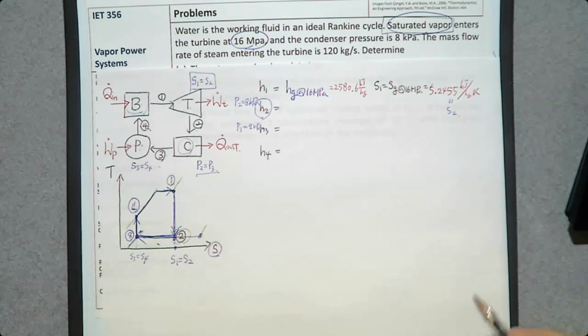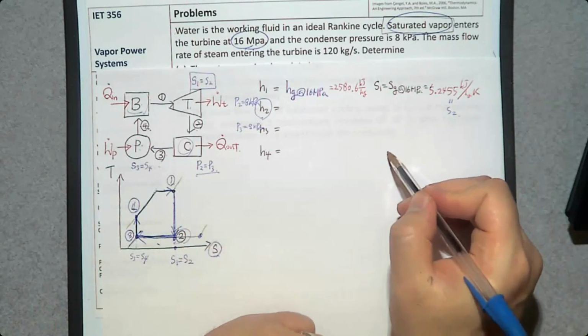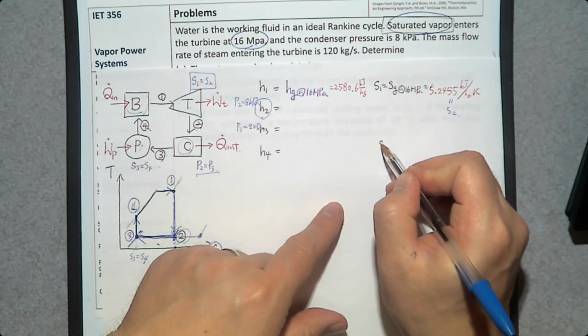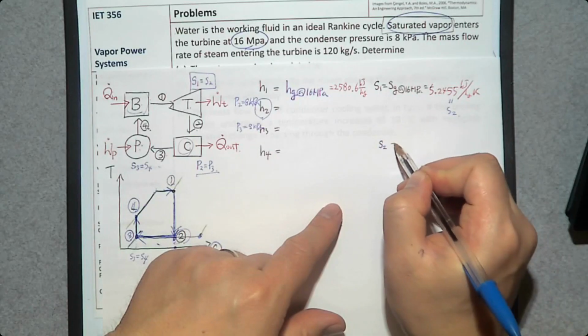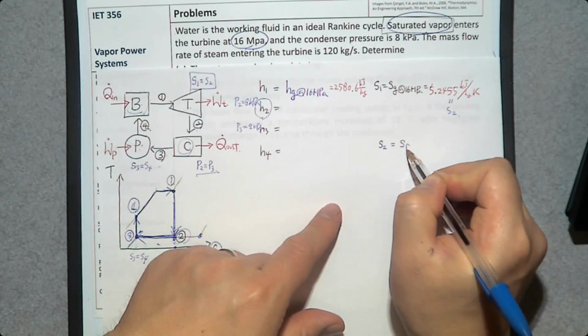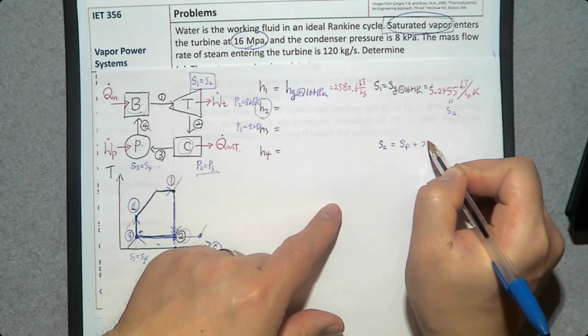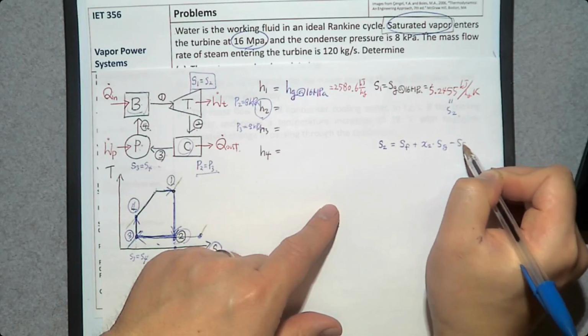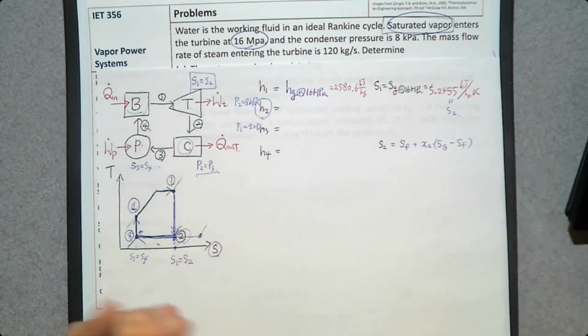If you have a saturated mixture, do you know any other equation? Yes. S2 is Sf plus quality X2 times Sg minus Sf. This is the linear interpolation equation for a saturated mixture.